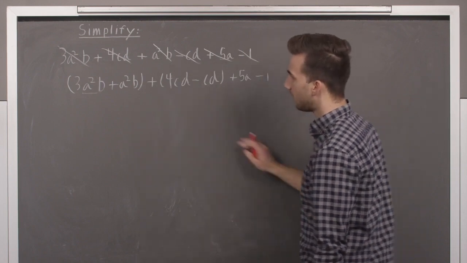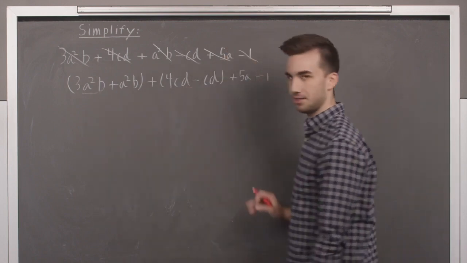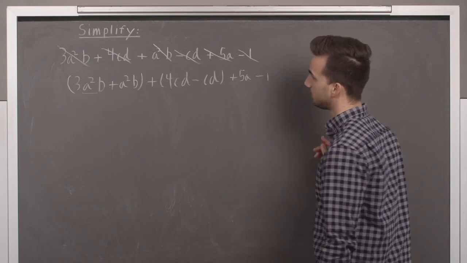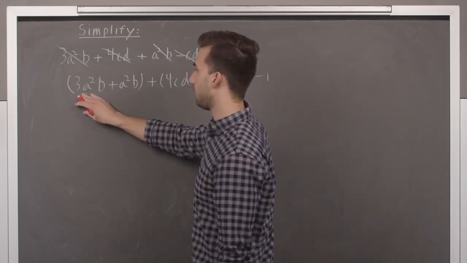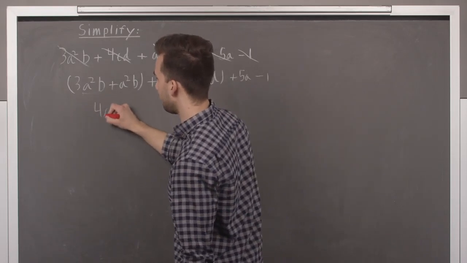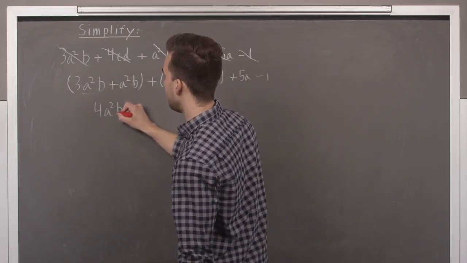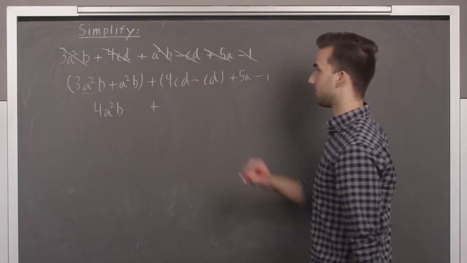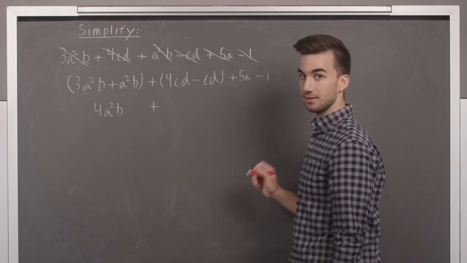So now we can just complete the addition and subtraction problems. So 3 of a squared b plus 1 a squared b is 4 a squared b. And then we have a plus, what's 4cd minus 1cd is 3cd.